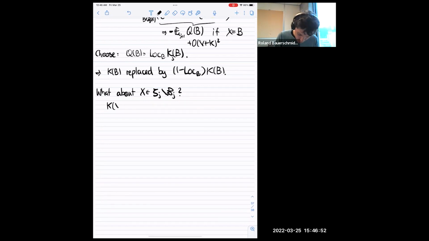We have made the assumption, this locality assumption, that K of X can be written as the local part, which I'm going to denote by J of X now.